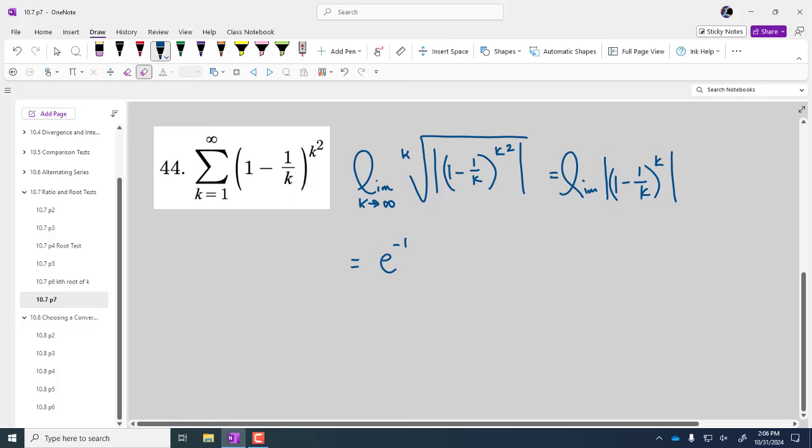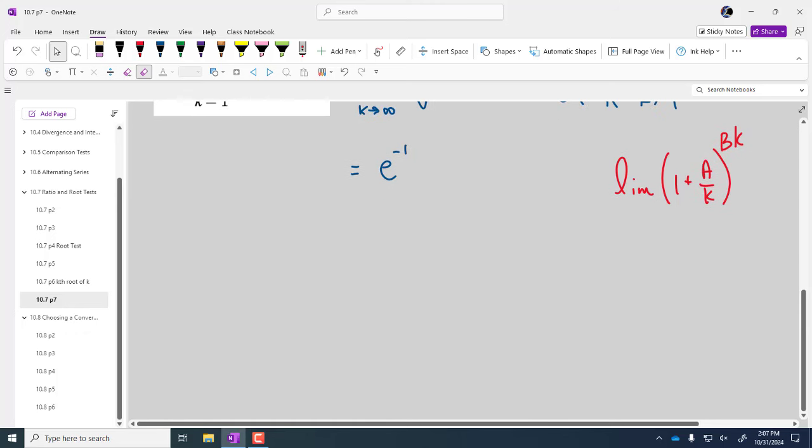Remember that our general formula for this stuff is the limit of 1 plus a over k, to the k, which is e to the a. Let's write it this way, 1 minus a over k, to the k. It doesn't matter how you write it. If you write it as a plus or a minus, it should work out.